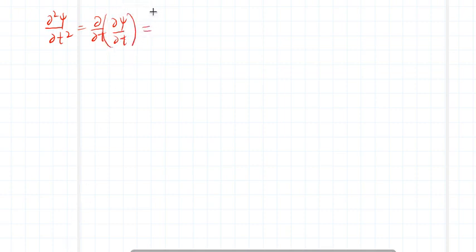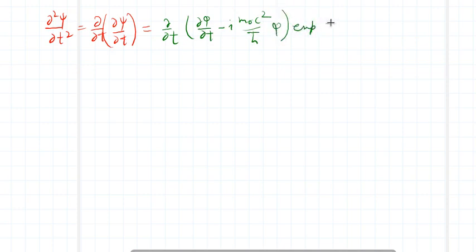So it is ∂/∂t of ∂phi/∂t minus iota m naught c square over h cross phi, times exponential of minus iota over h cross m naught c square t, right? That's what we will use here.